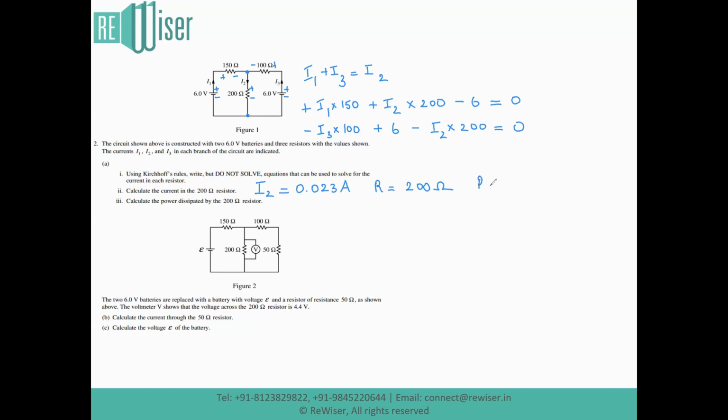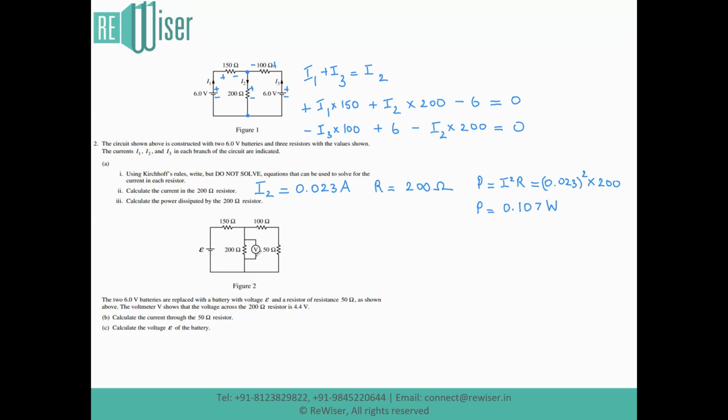Power for a resistor is defined by the formula P equals I squared R. Substituting the value of I as 0.023 and R as 200, we get power dissipated to be approximately equivalent to the value 0.107 watt.